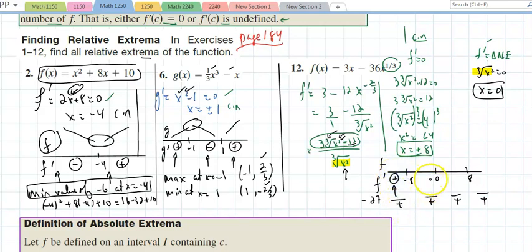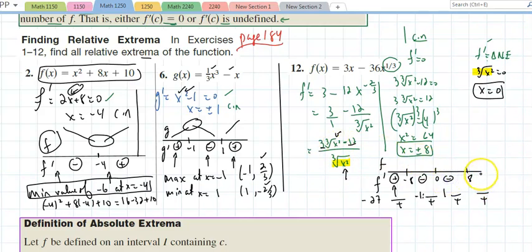If I pick a point between negative 8 and 0, negative 1, if I go back and put a negative 1 right there again, squared, that's a 1. That's 3 minus 12, which is negative. If I pick 1 as a test point, 1 in there, squared is 1, cube root of 1 is 1 times 3. 3 minus 12 is negative.